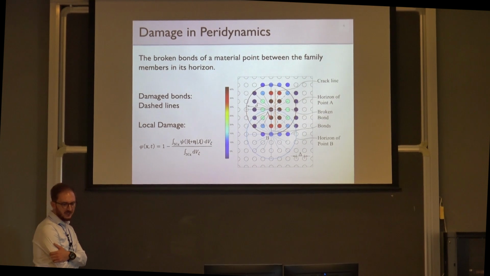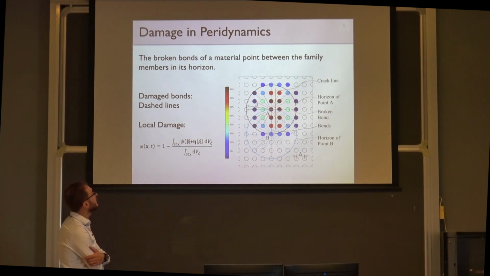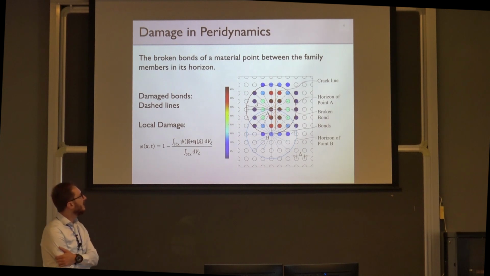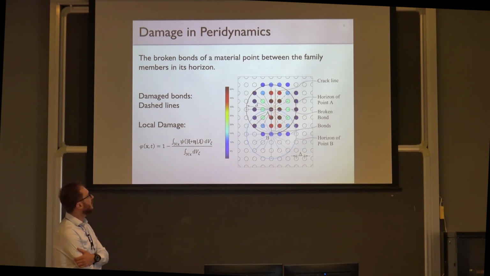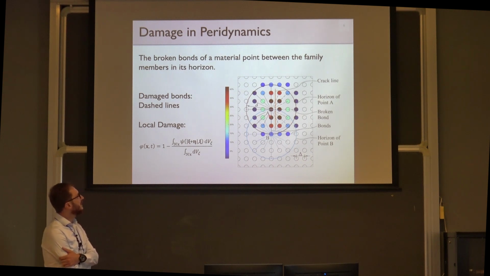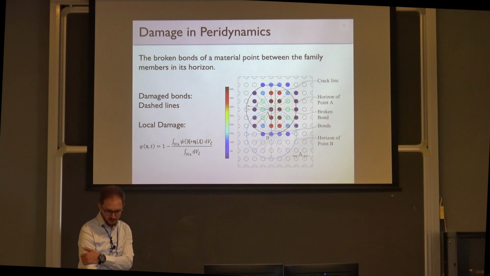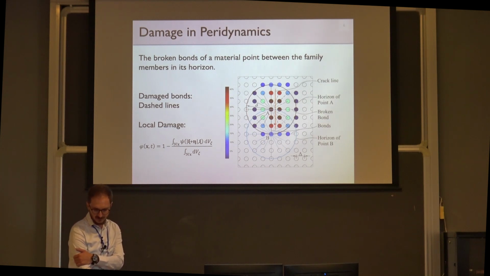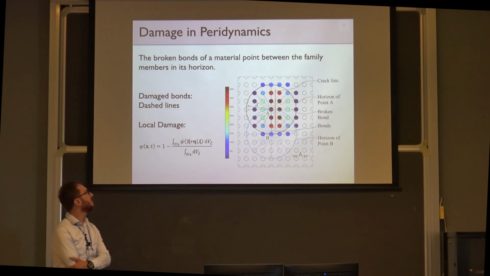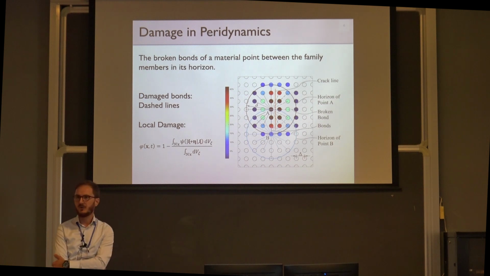Just below A, we have another point, B, which is affected by this crack line. Some of the bonds of B are broken because of the crack line, shown by the blue dashed line, and the damage level for material point B is about 11%.